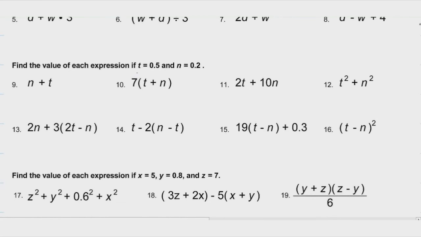Problem 10. You have 7, parentheses, which is going to be multiplication, t, which is going to be 0.5, plus n, which is going to be 0.2, end of parentheses. So we know we're going to have to add the 0.5 and the 0.2 first, which gives us 0.7.